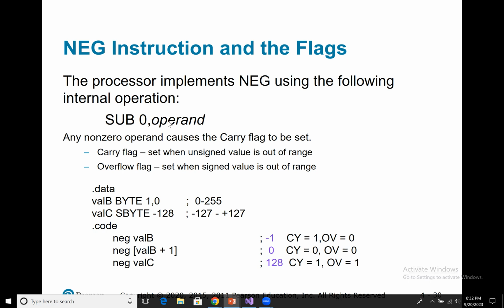So 0 minus 10 is negative 10. That's how it gives you that negative number. So if this operand here is a variable that has a 10, it tries to say 10 minus 0, which gives you a negative 10. I mean 0 minus 10, which gives you a negative 10.